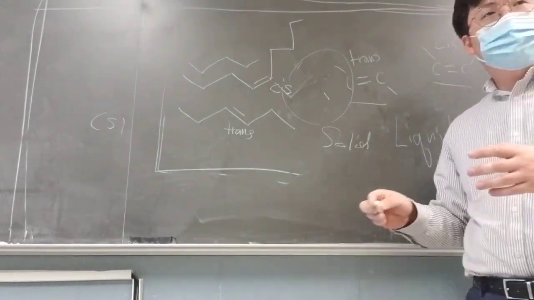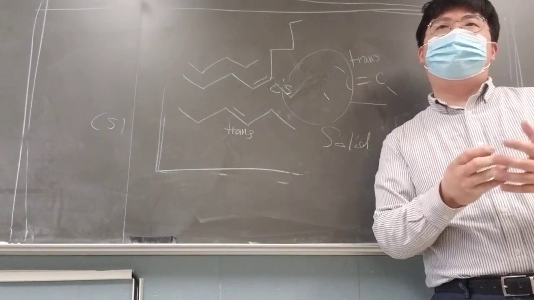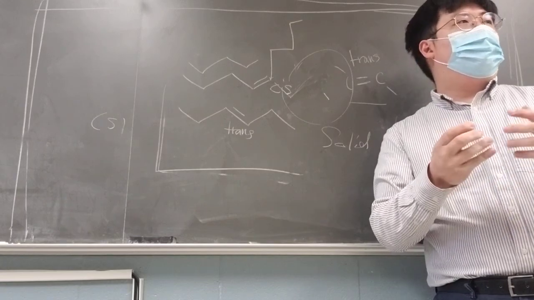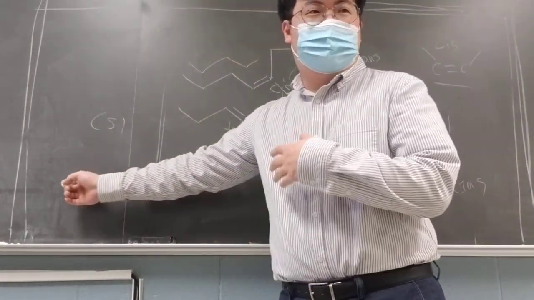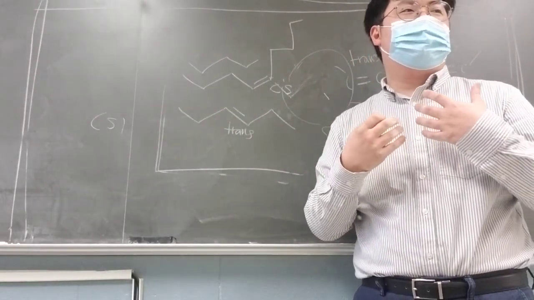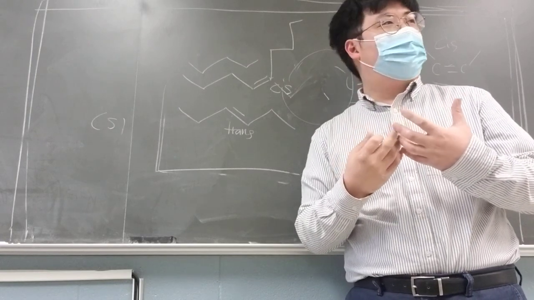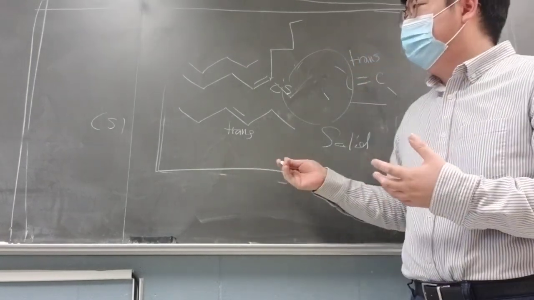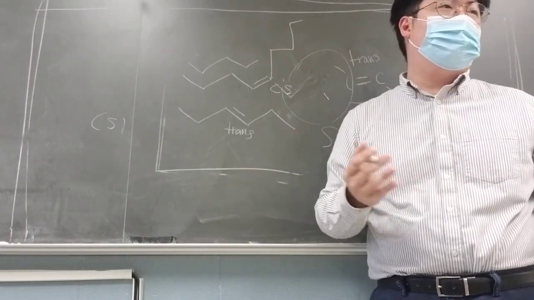If you look at healthy vegetable oil, it's usually liquid at room temperature. So it is better than butter or animal fat because it cannot be easily solidified. If that happens in your blood vessel, it will cause heart problems. But vegetable or healthy oil will not, because it will still be liquid in your blood vessel.